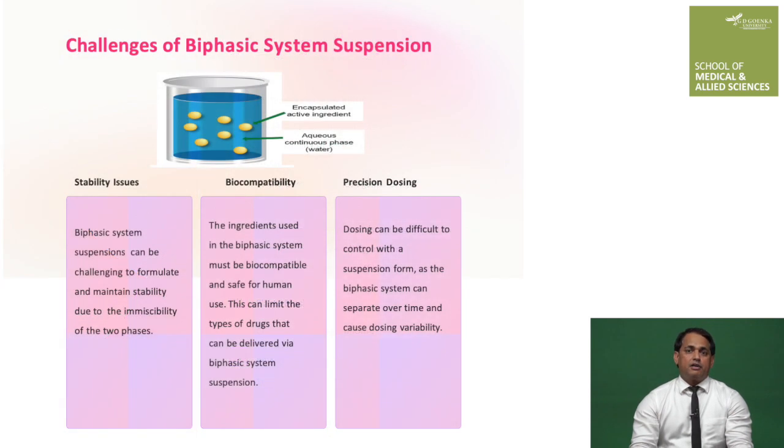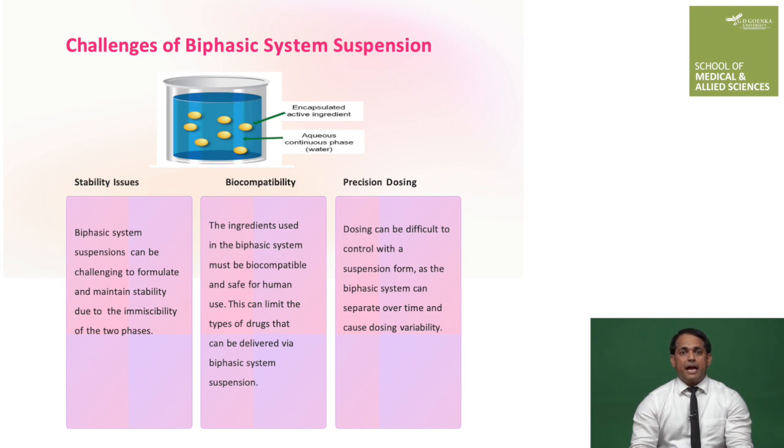Now come to the disadvantages and challenges of the biphasic system suspension. It can be challenging to formulate and maintain stability due to immiscibility issues. Additives and surfactants must be carefully selected to prevent phase separation or drug precipitation. The ingredients used in the biphasic system must be biocompatible and safe for human use.